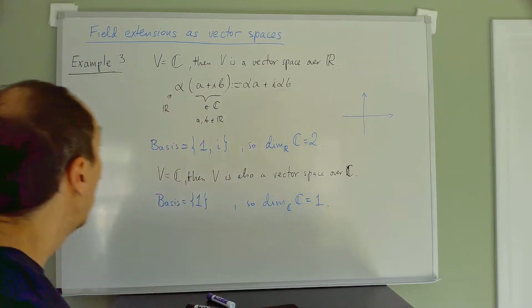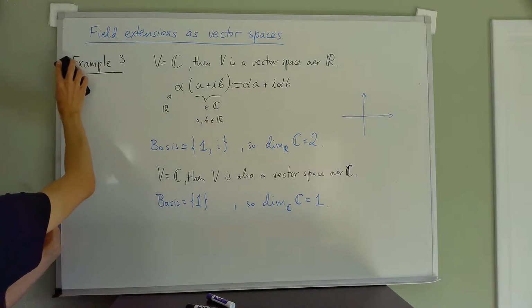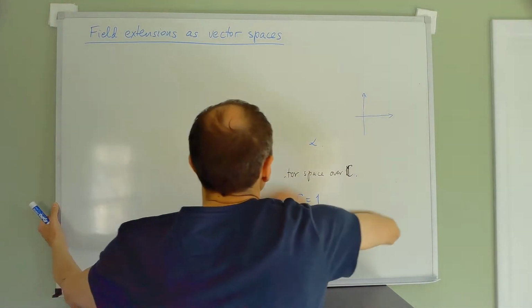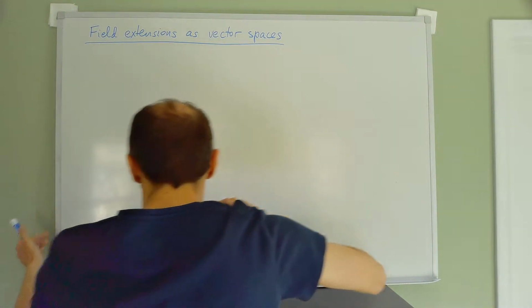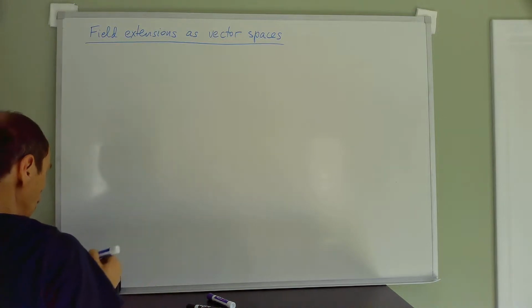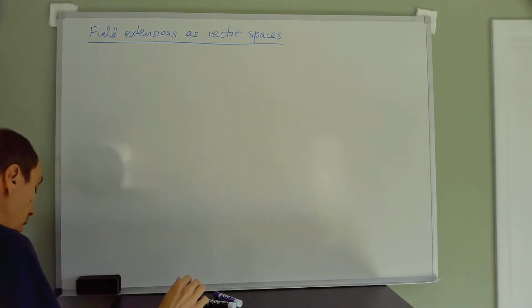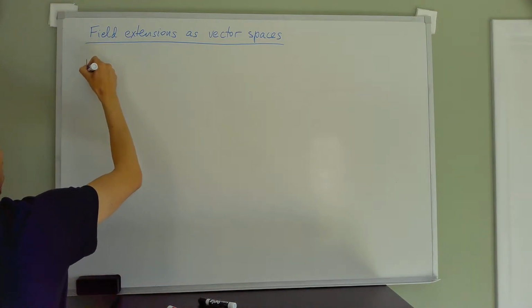And that's what the title of this talk is about. It's sort of the most important example for us. And it's really a key observation in studying all these field extensions. What we just saw in the case of complex numbers. So key observation.